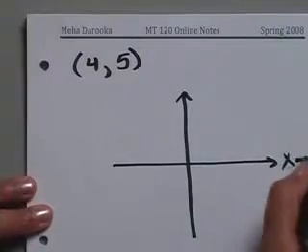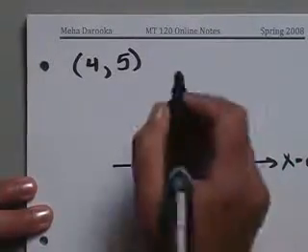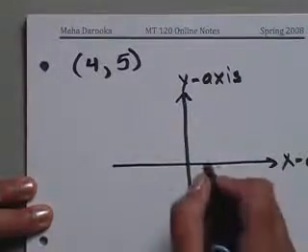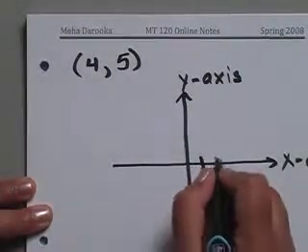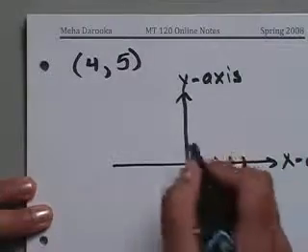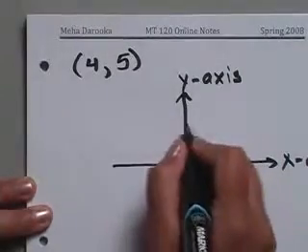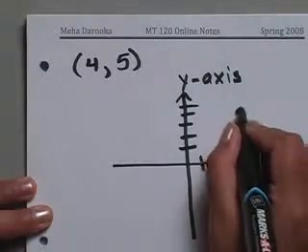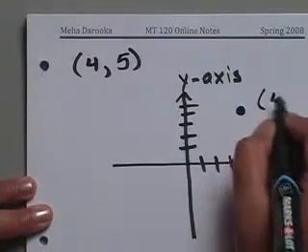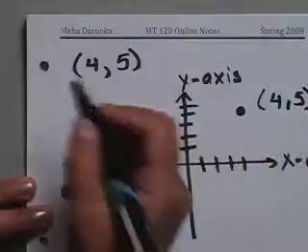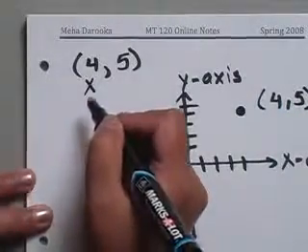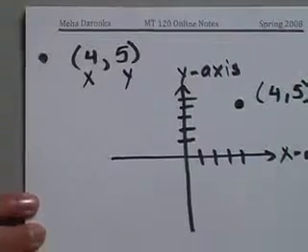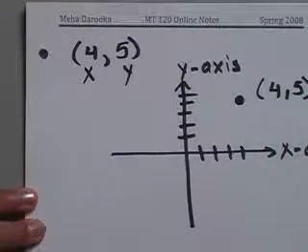Go ahead and draw your Cartesian system. Now when you're talking about the point 4, 5, you go 4 units on your x-axis and 5 units on your y-axis, and right there will be your point 4, 5. And again, remember, 4 represents the x and 5 represents the y coordinate.